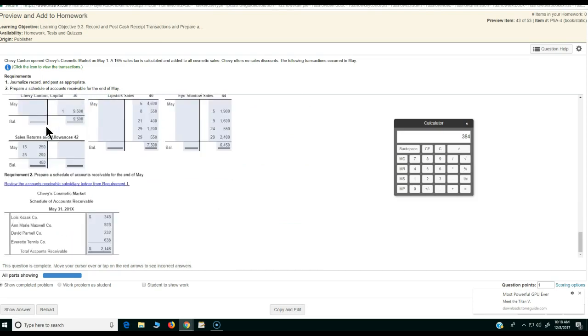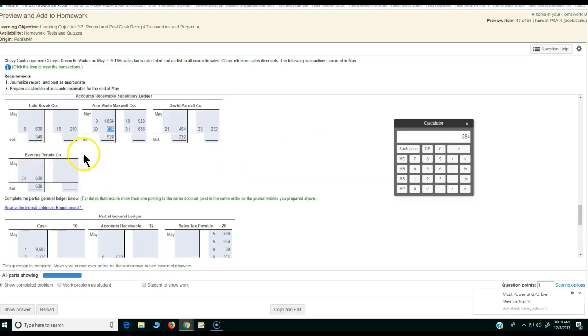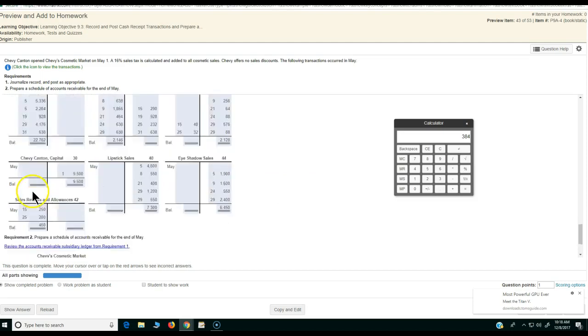If we took Kozak, Anne Marie, Dave, and Everett and added up the balances from their individual accounts, 348, 928, 232, and 638. Where are they? Right here. 348, 928, 232, and 638.